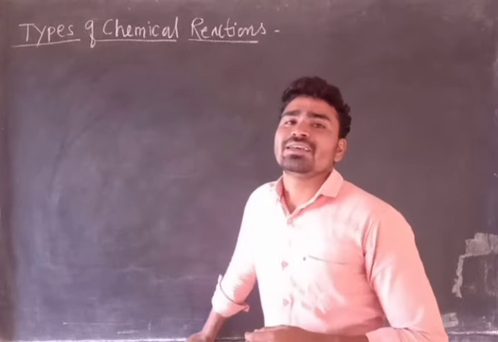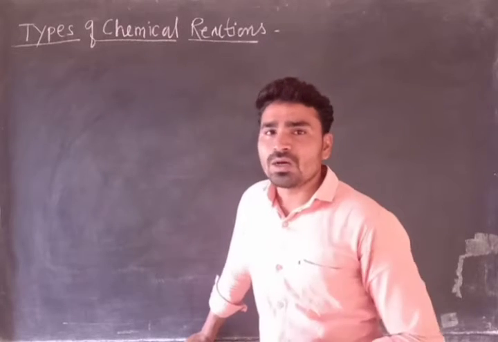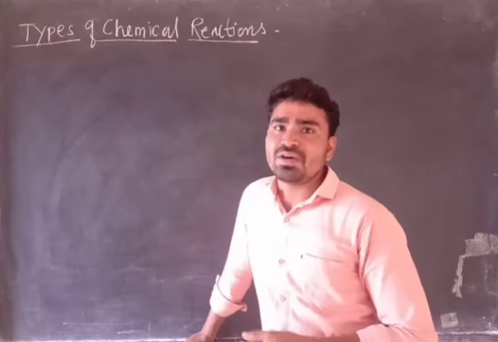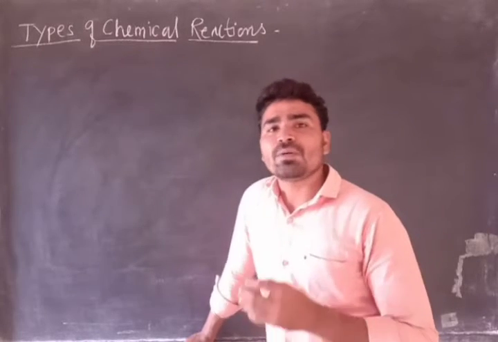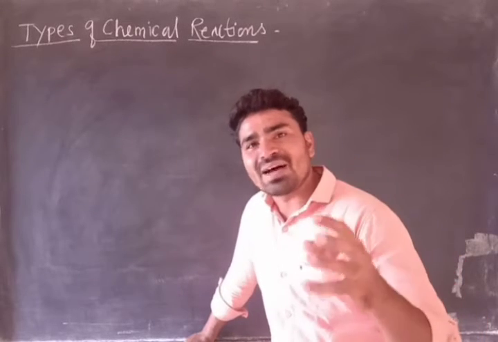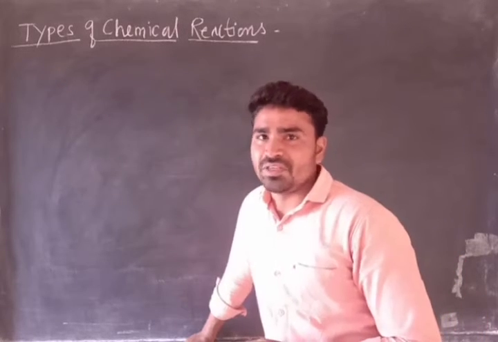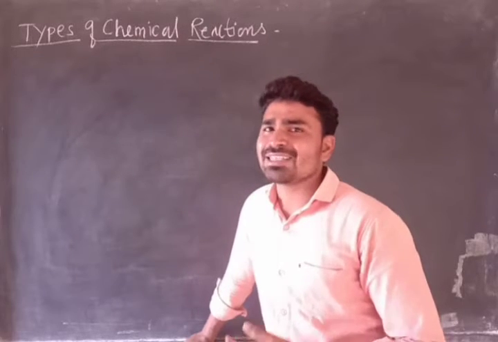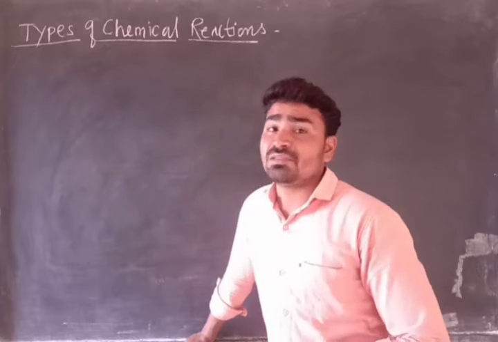And with this, there is a very famous law put forth by the scientist Antoine Lavoisier, who is the father of chemistry. He proposed the very famous law of mass conservation, which is applicable to about 99% of chemical reactions, that is almost all chemical reactions, but not all.